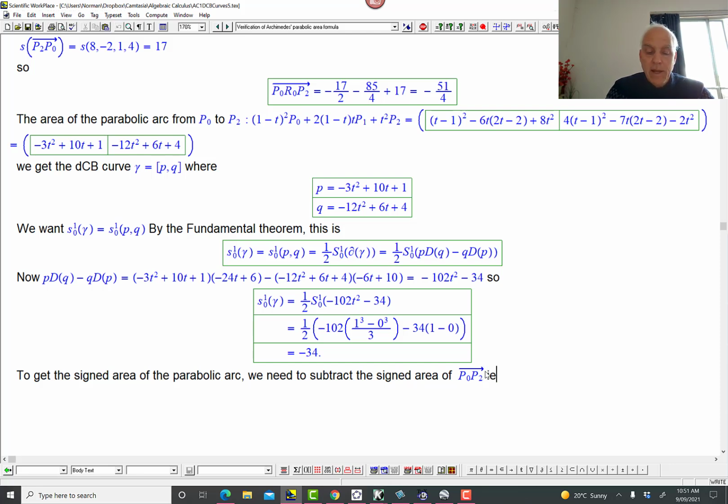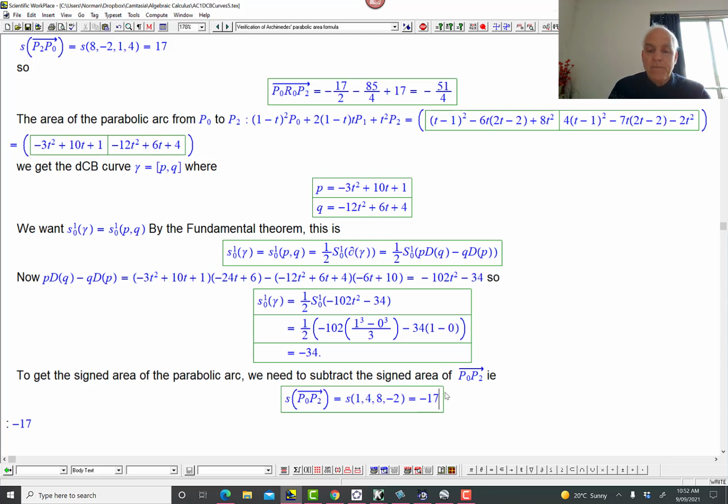So we have to calculate the signed area from P0 to P2. That's equal to S of, the other one was 8 minus 2. And what is that? That's minus 17.